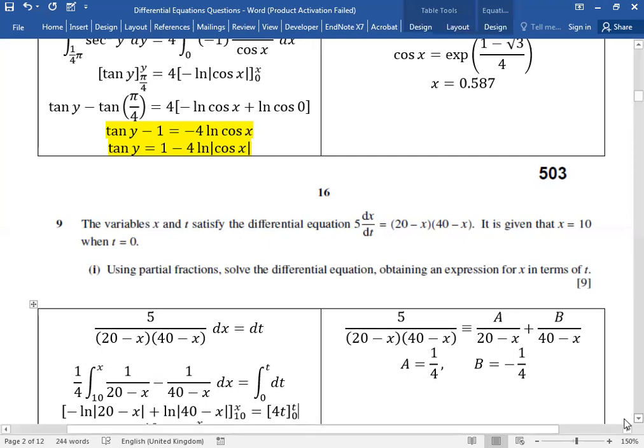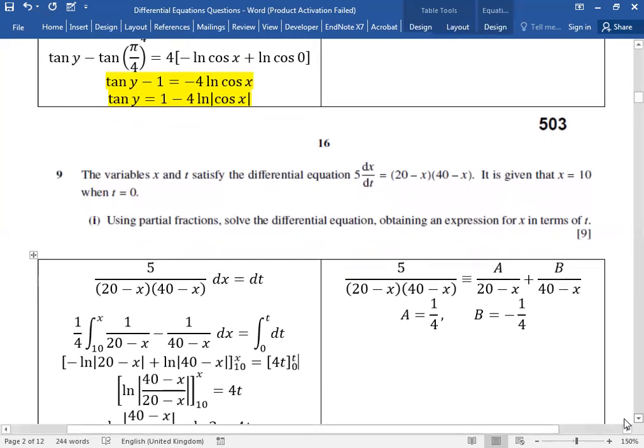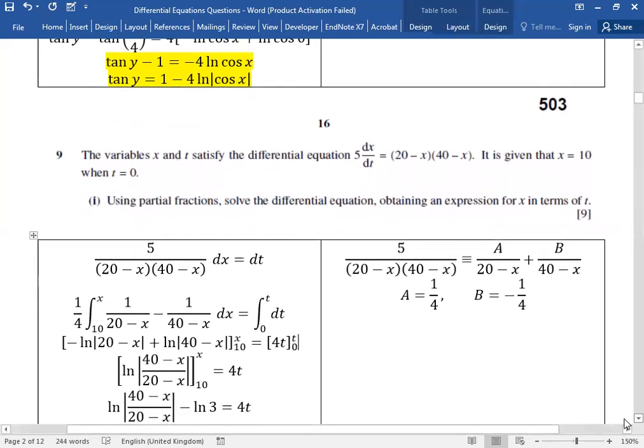Done class. Remember, we need to write the entire equation by making x the subject of the formula, x in terms of t.